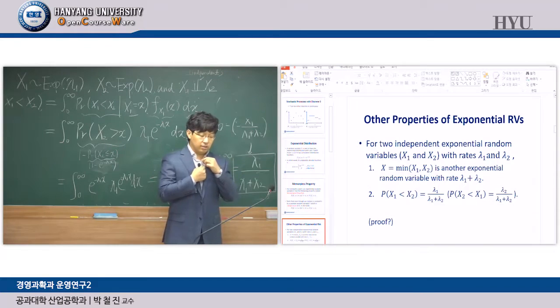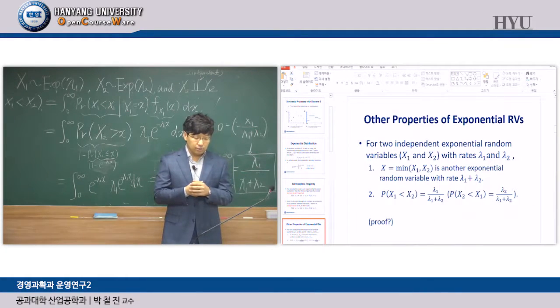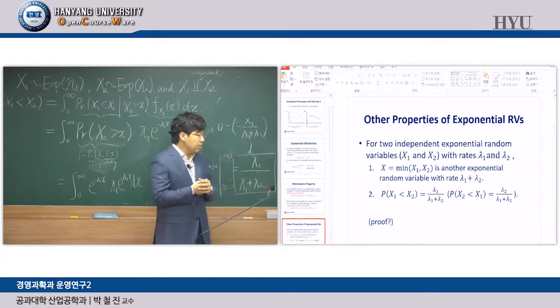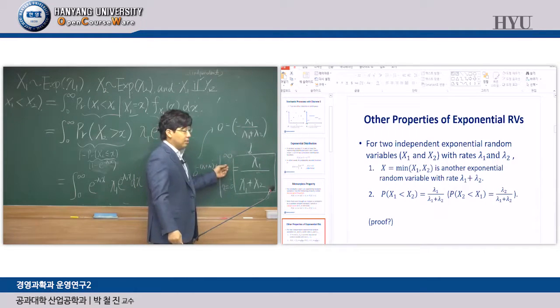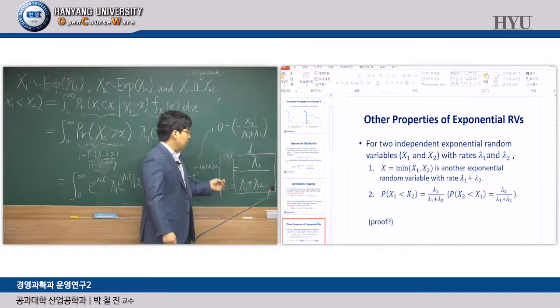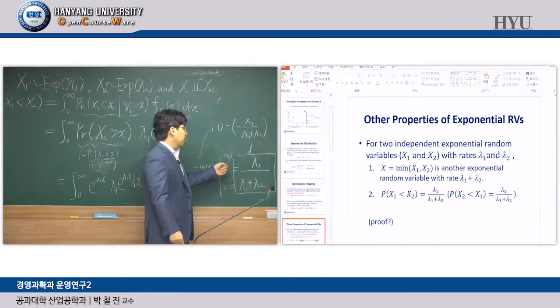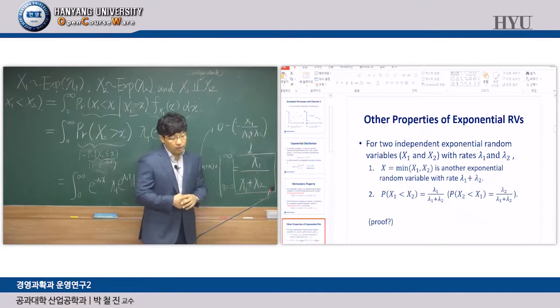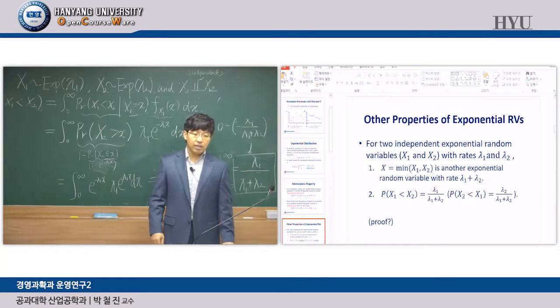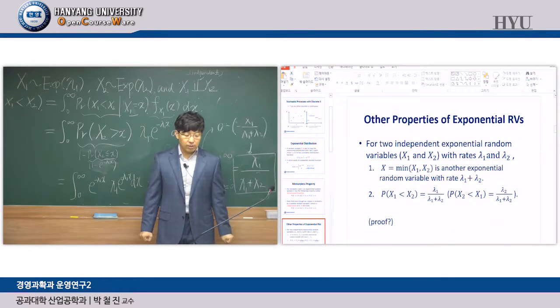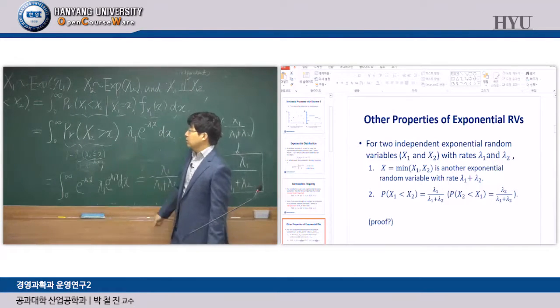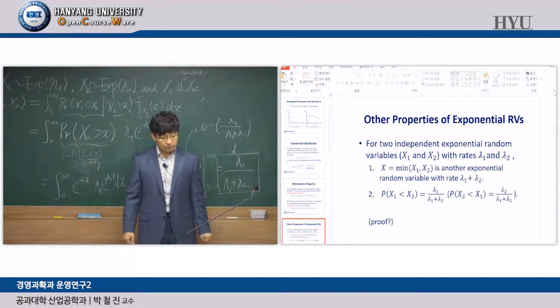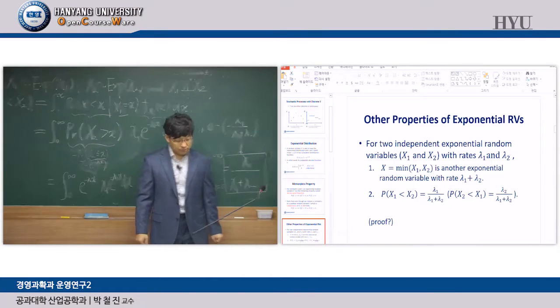If we consider the probability that large X1 is less than large X2, then this probability is lambda 1 over lambda 1 plus lambda 2. If we consider the probability that X2 is less than X1, then it is lambda 2 over lambda 1 plus lambda 2. You can derive the result in the same way. Okay.